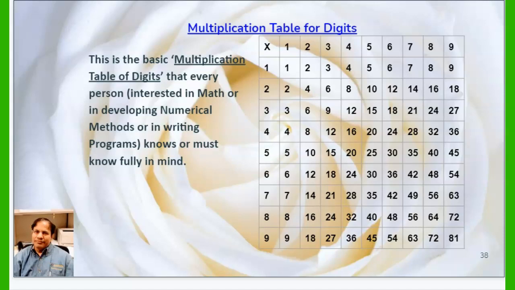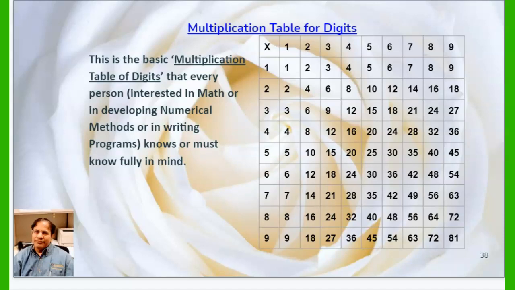Table 1 is easy. 1 times 1 is 1, 1 times 2 is 2, 1 times 3 is 3, and so on. That's the second row that you see under the columns 1, 2, 3, 4, 5, 6, 7, 8, 9. The first row is the multiplier and the first column is the multiplicand. In the same table, the third row is the table for number 2, which is 2 times 1 is 2, 2 times 2 is 4, 2 times 3 is 6, and so on, up to 2 times 9, which is 18.